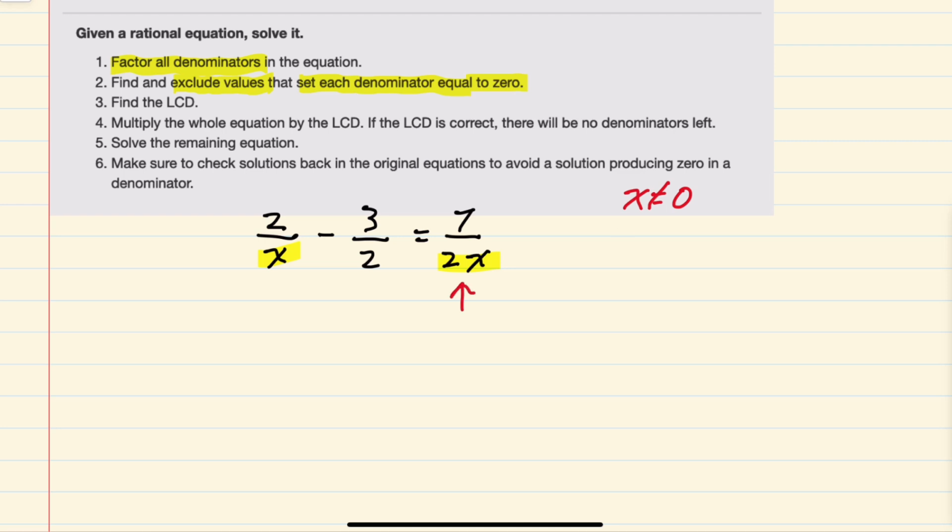Similarly here, if 2x were equal to 0, that would mean x equals 0 again would cause this denominator to be 0. So in both of these, we are excluding x equals 0.